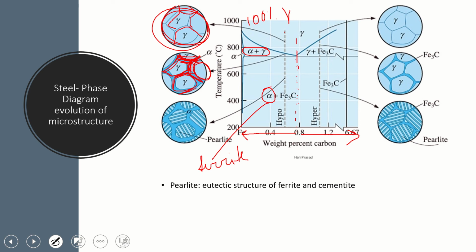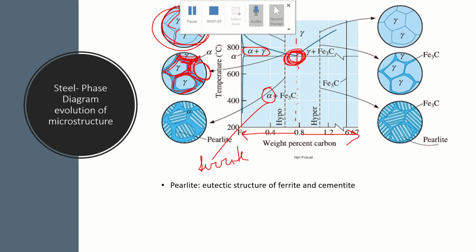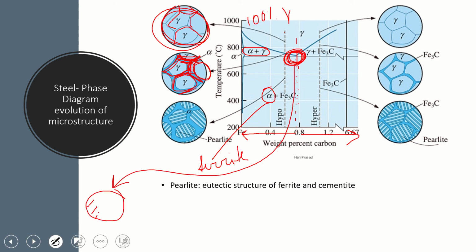The microstructure at the eutectoid point is called pearlite, which is very similar to eutectic.